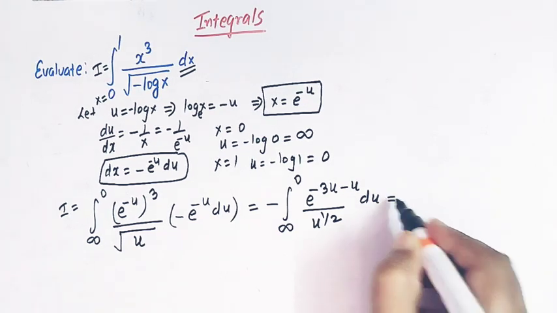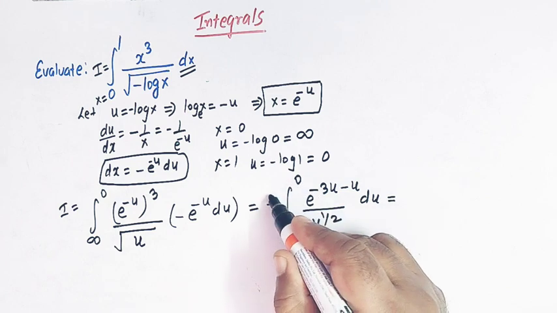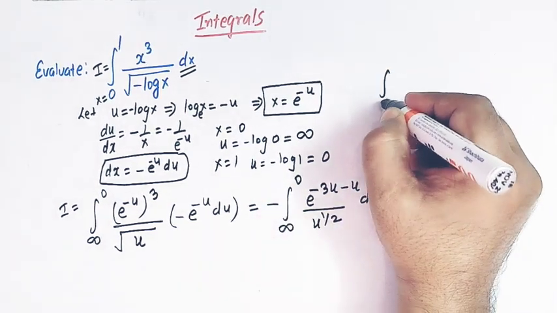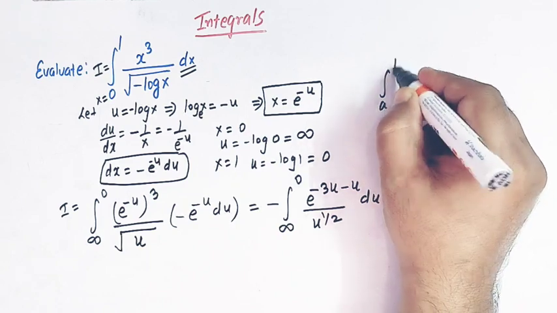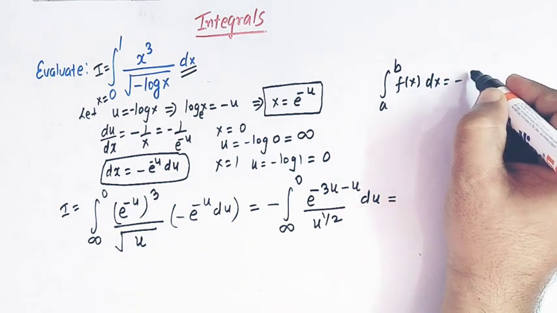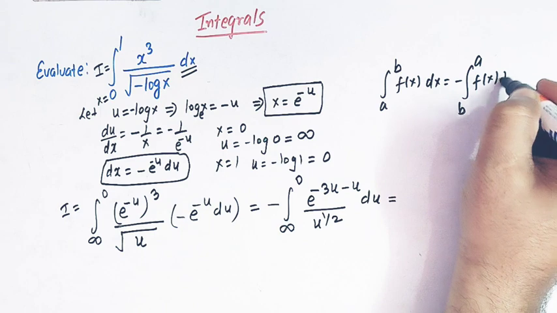Now we can interchange the limits and neutralize this negative sign, because we know that the integral from a to b of f of x dx is equal to negative of the integral from b to a of f of x dx.